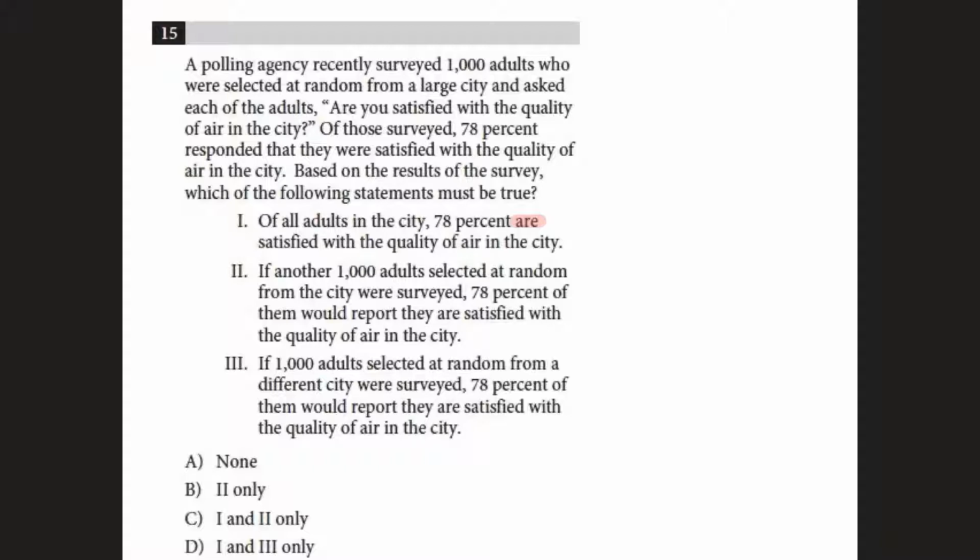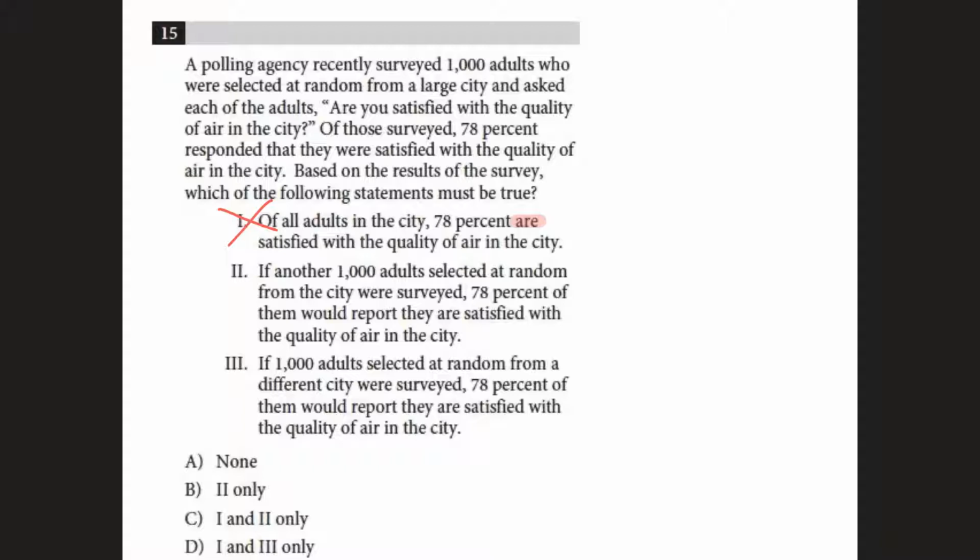It's not necessarily true that exactly 78% are going to be satisfied with the air. We could say that in the city, 78% of the population are likely going to be satisfied with the air, but we can't say definitively that they will. So I can say no to 1.